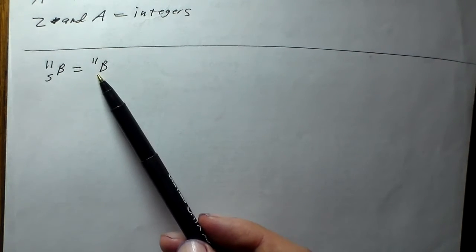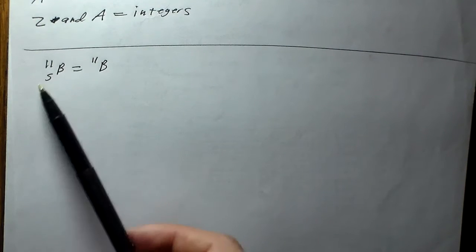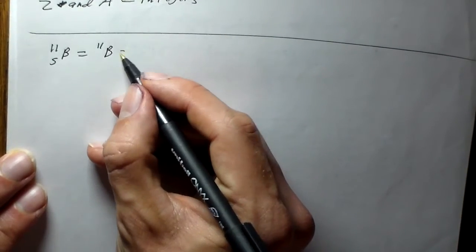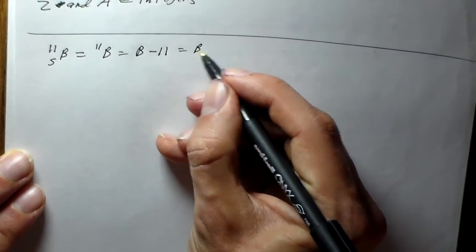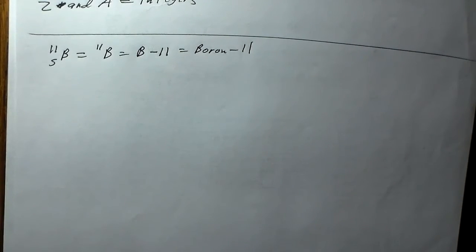If you see boron without the 5, it's because you can just look on the periodic table and know exactly how many protons it has. So either way, they're all equivalent.